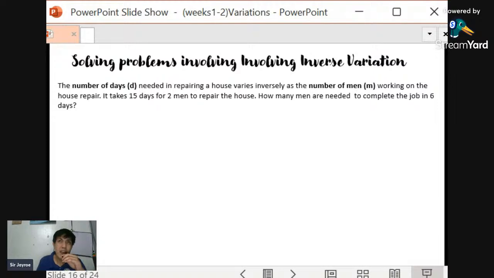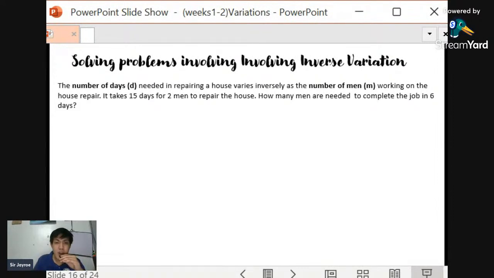Okay? So ibig sabihin, if the number of days increase, ang ibig sabihin nun, yung bilang ng tao na nagtatrabaho ay nagdi-decrease. Nakukuha po? So that is the idea. Siyempre, mas makonti yung tao, mas daming araw ang bibilangin bago matapos yung bahay. So I hope you got the idea of the problem.